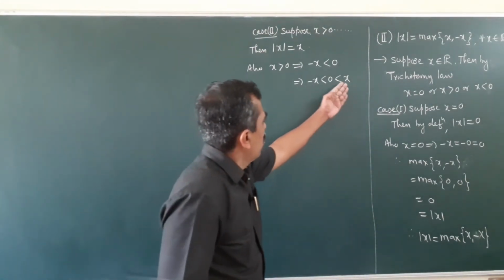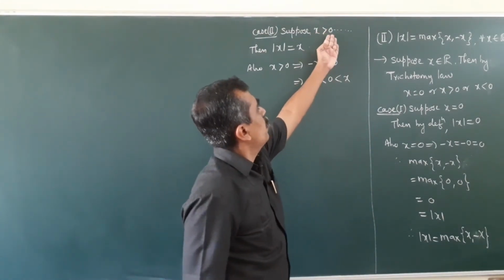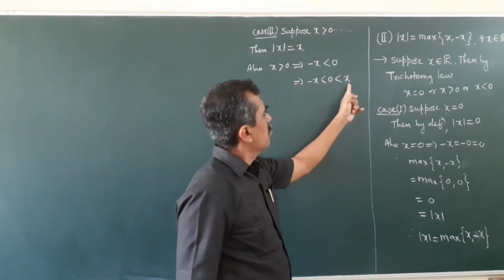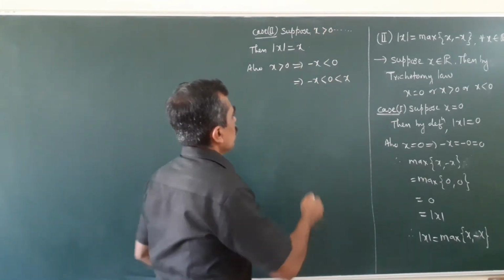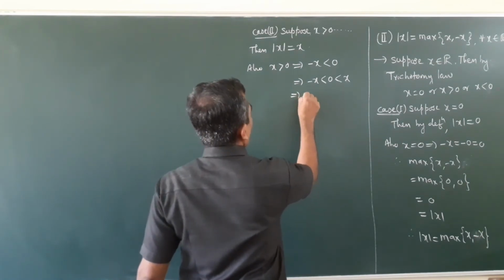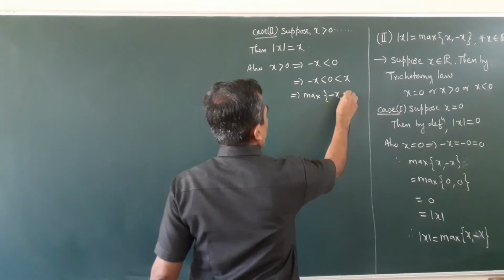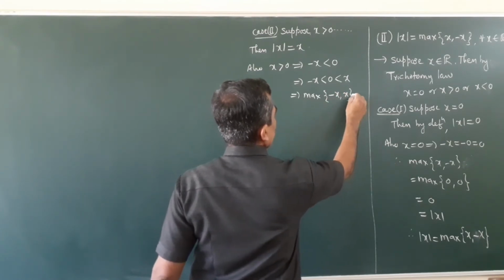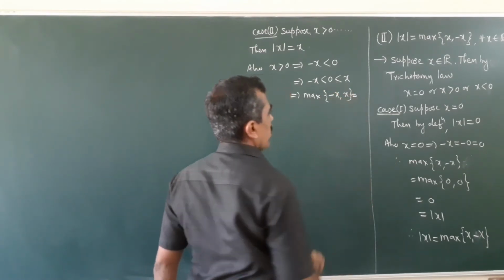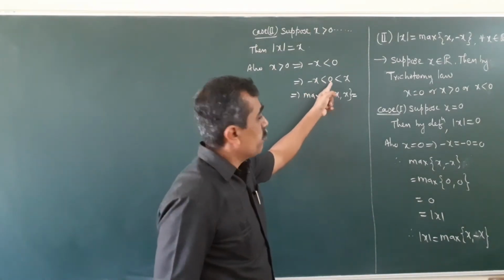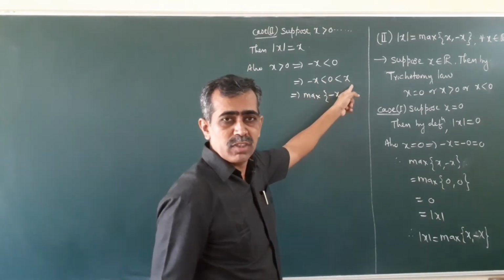So what is the maximum of minus x comma x? One number, minus x, is to the left of 0 and the other is to the right of 0.